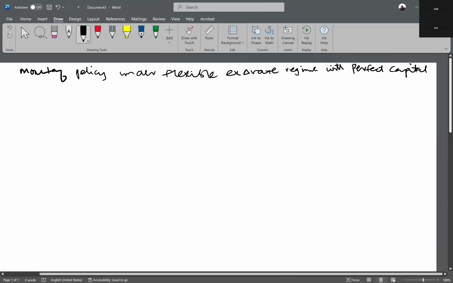These are LM curve. These are BP curve. Call it BP.